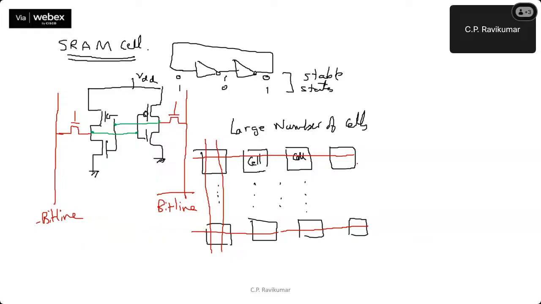So to select a particular cell, we need to provide two addresses. One is called the row address, and the other is called the column address.